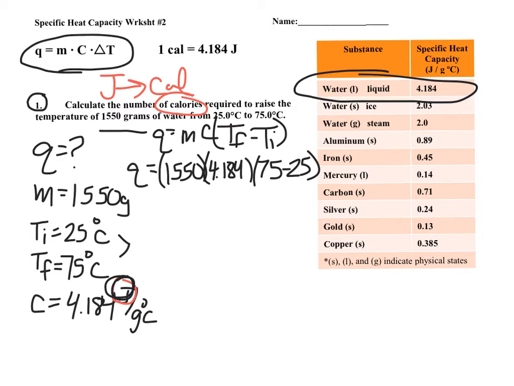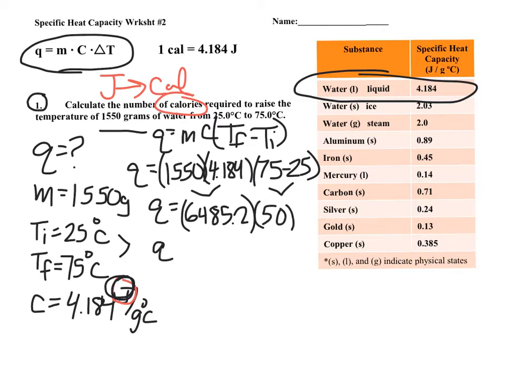Now that I have that, I'm going to start chipping away at this. If I do these first two numbers, 1550 times 4.184, I get 6,485.2 in my calculator. And when I subtract 25 from 75, I end up with 50.